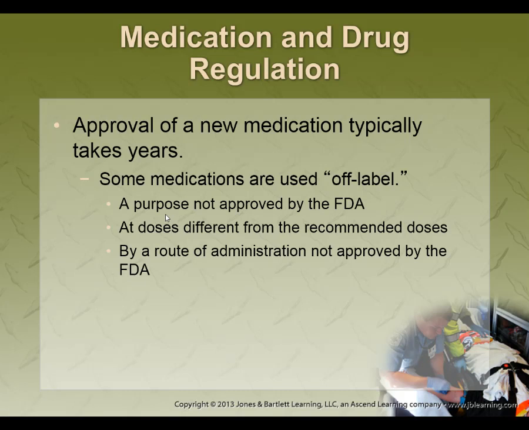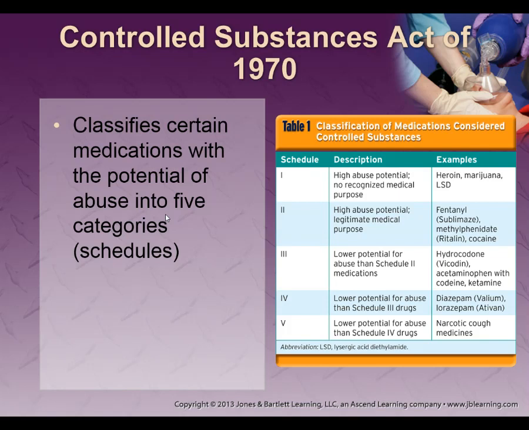Keppra was initially approved by the FDA for seizure activity. But it was found that in a smaller dose, Keppra can help with migraines. Keppra can help with weight loss. So it's used for those things, but those are not what it was FDA approved for. So just know that there are medications that are sometimes used in ways that aren't necessarily FDA approved.